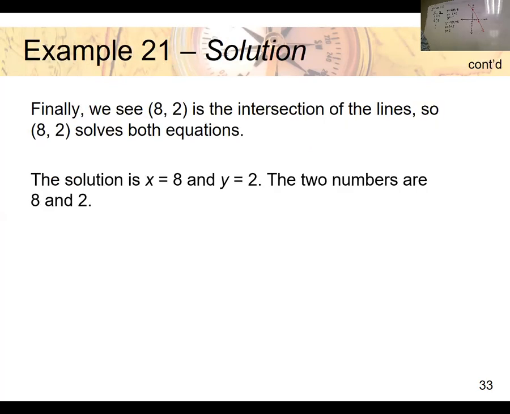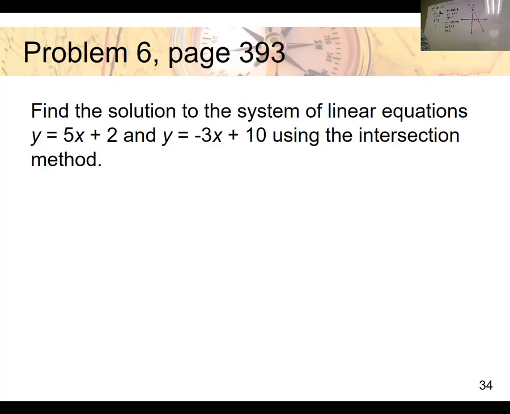All right, any questions on this? Okay. Now, this one, we've got y equals 5x plus 2 and y equals negative 3x plus 10. Using the intersection method, we want to find the solution.